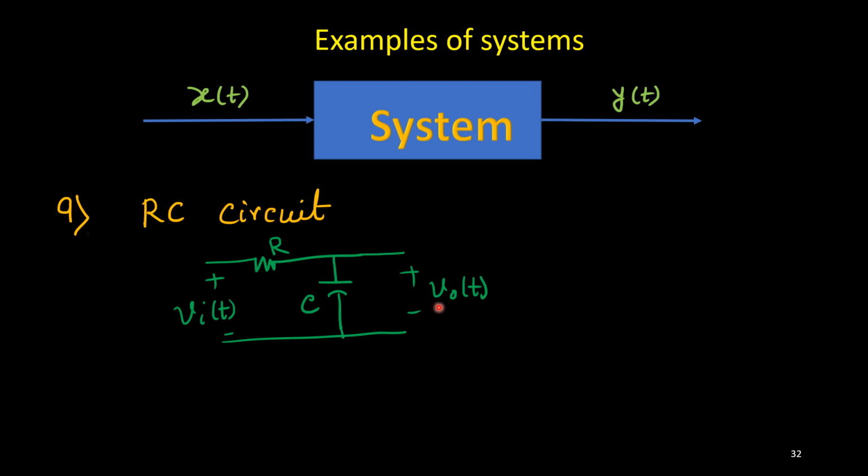Now what is the relation between v_0 and v_i that will give you the characteristics of the system? The system model should be defined by some mathematical equation between the input and output variables. Here we will try to get a differential equation for this system.